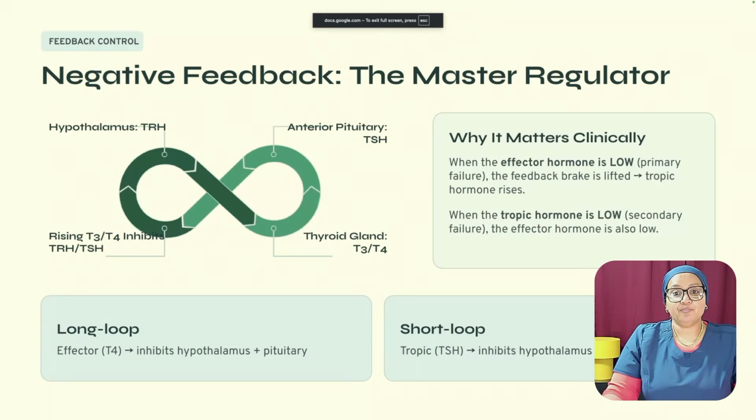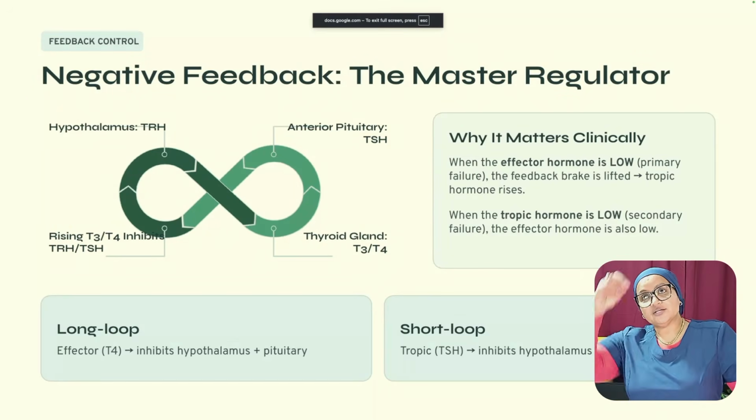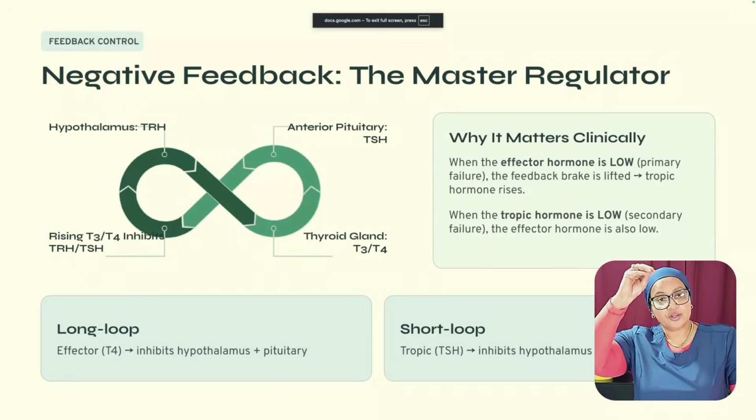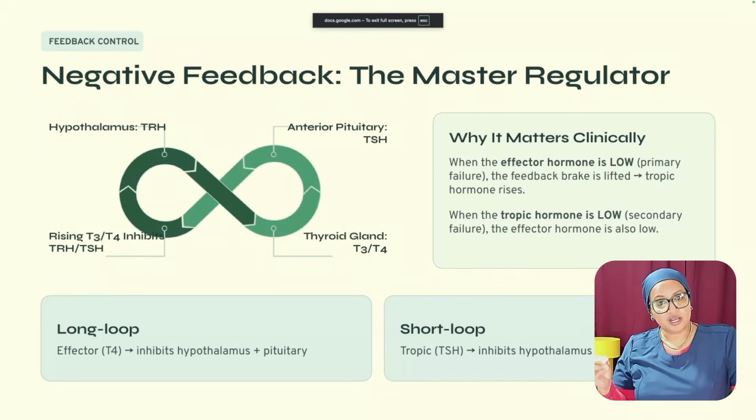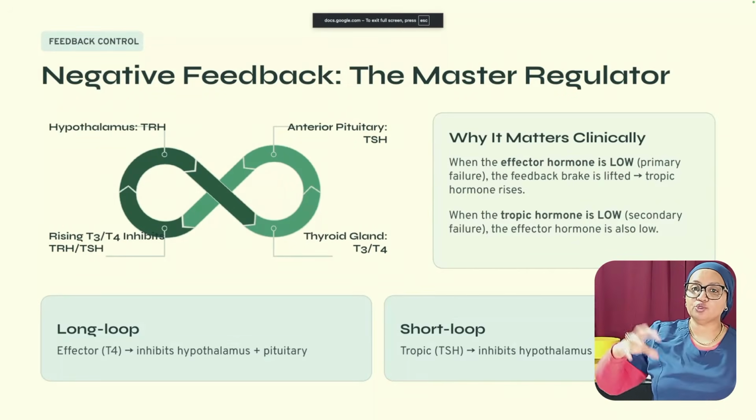The hypothalamus to the anterior pituitary to the thyroid gland, and eventually the hormone increases. We start with TRH, thyrotropin-releasing hormone, then TSH, thyroid-stimulating hormone, from the anterior pituitary, then goes to the thyroid gland, which releases T3 and T4. But is this process going to go forever?